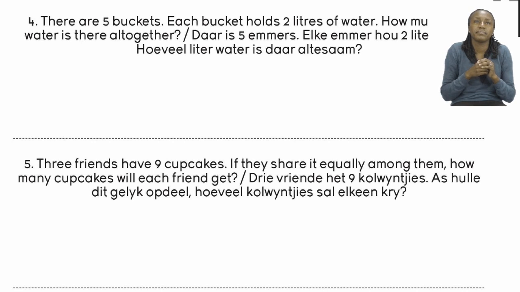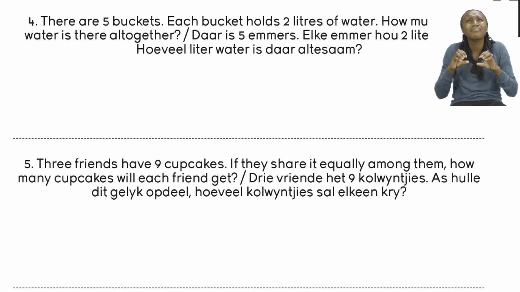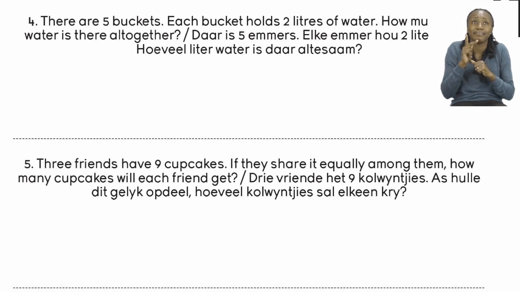Number 5 says, 3 friends have 9 cupcakes. If they share it equally among them, how many cupcakes will each friend get? Let's try again. 3 friends have 9 cupcakes.